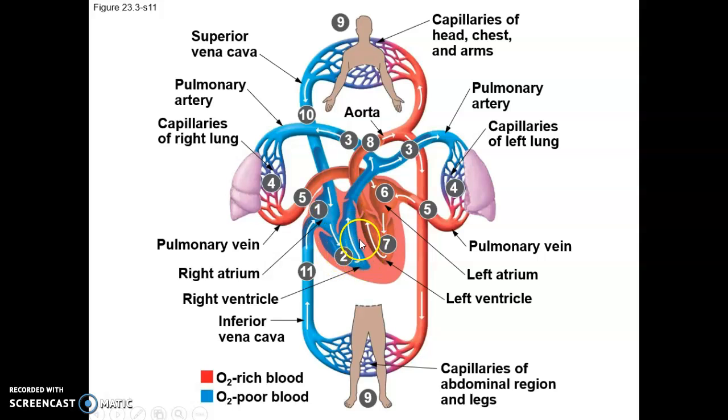The thing to recognize is that the 2 atria fill at the same time, and then when they contract, they fill their ventricles at the same time, and the ventricles contract at the same time, ejecting blood into the pulmonary circuit and the systemic circuit at the same time.